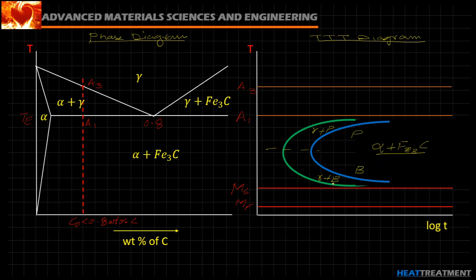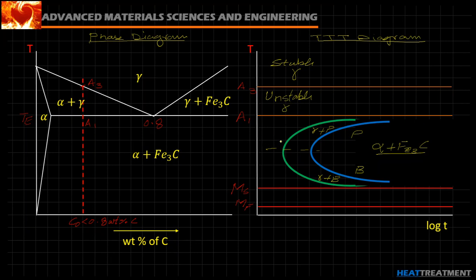bainite below the nose. Now considering the phase diagram, the stable phase of gamma is above this A3 temperature, and below the A3 we have unstable phase of gamma.